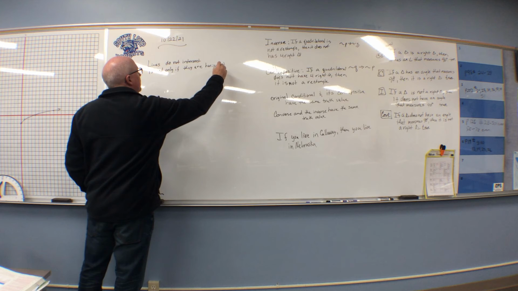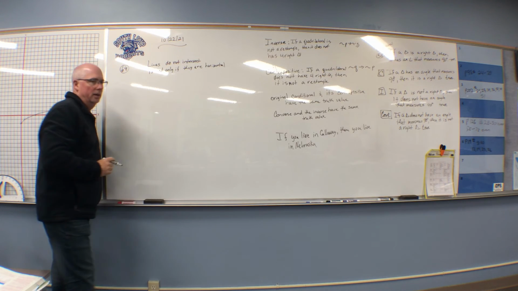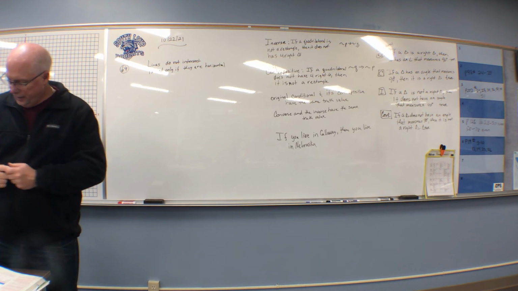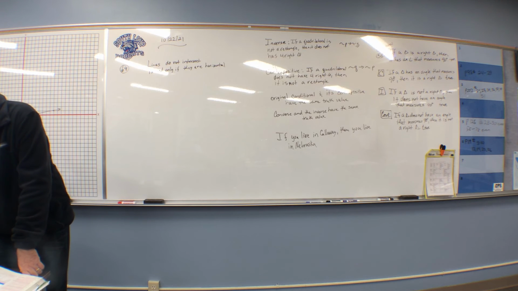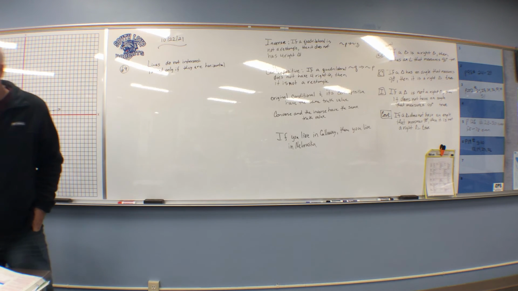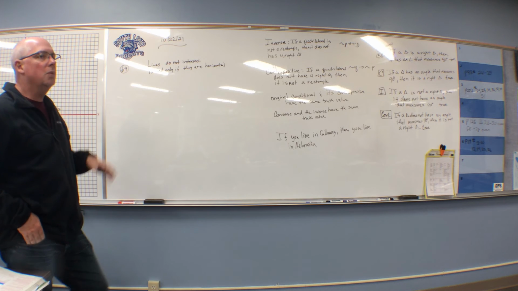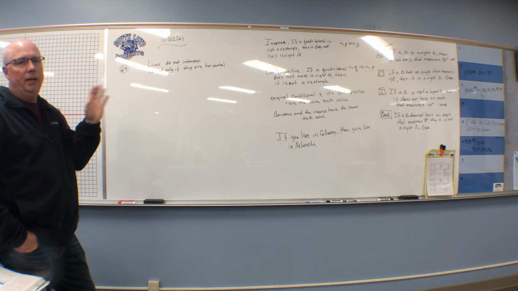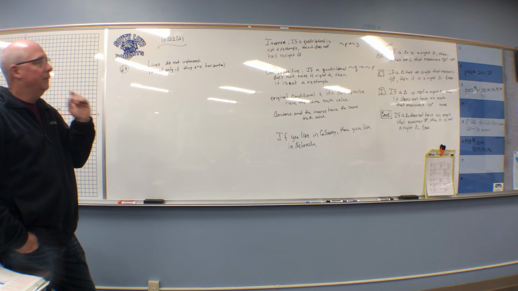Okay, so now we need to decide whether this is true or not. Let's think about it for a minute. Lines do not intersect if and only if they're horizontal. Notice we had to take the word that out to make it make sense logically.